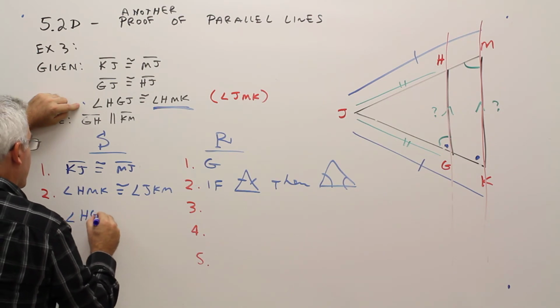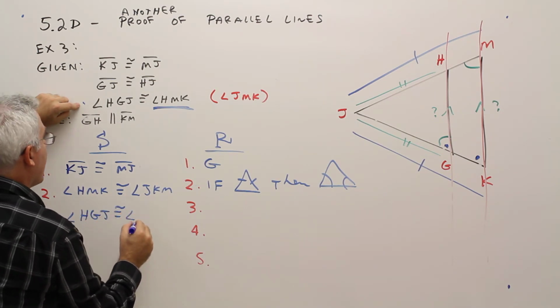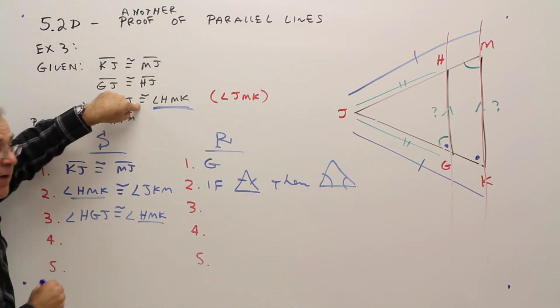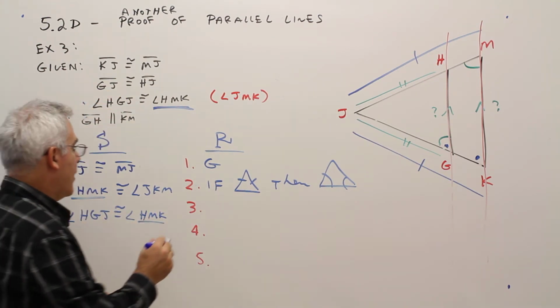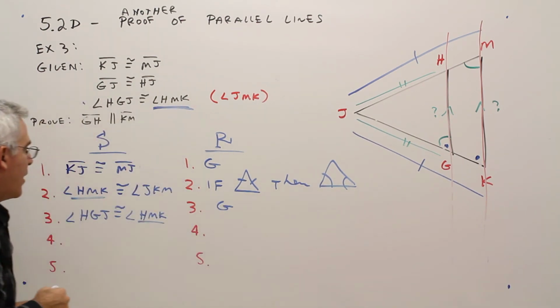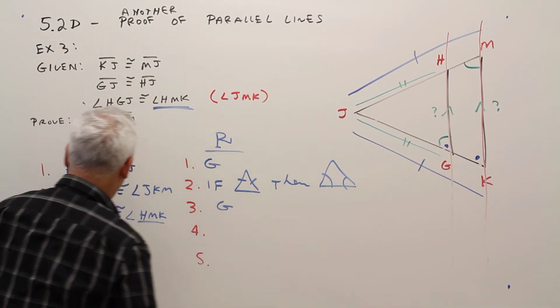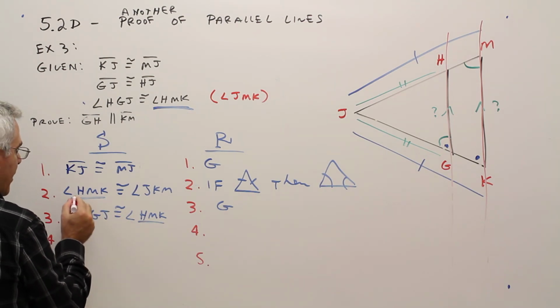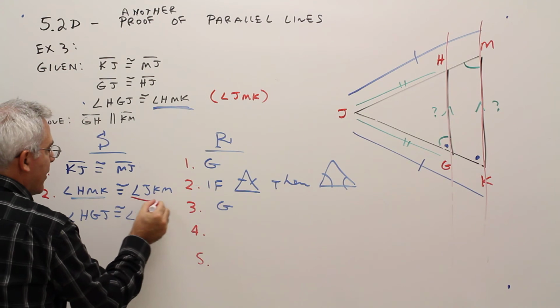All right, now I'll state this given right here. Angle HGJ is congruent to angle HMK. Notice I've got a double listing there. That was given. Now I should be able to go transitive. I'll start with here.